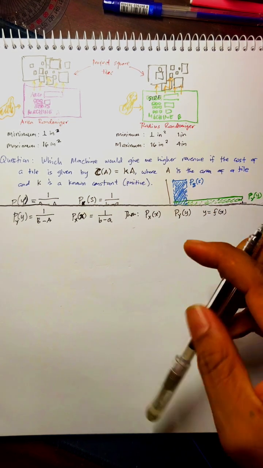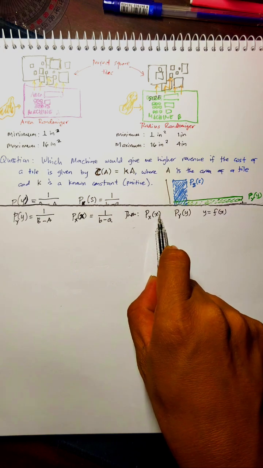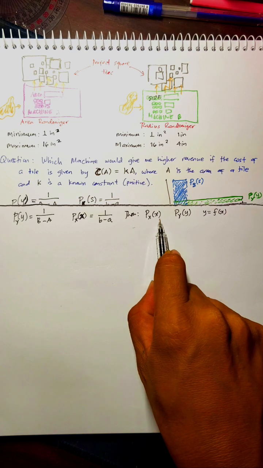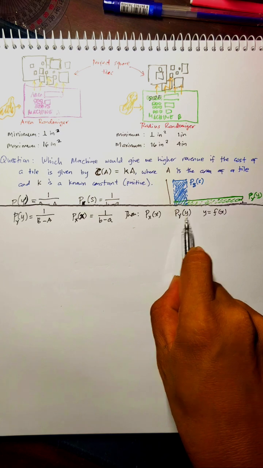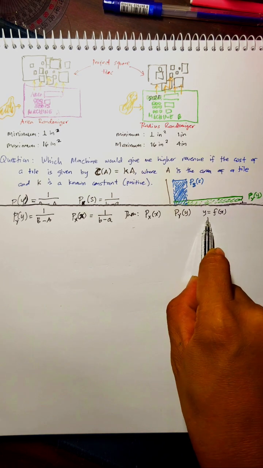I'd like to repeat that. Given that x has a density function of p of x, what is now the density function of the random variable y, given that y is equal to f of x?